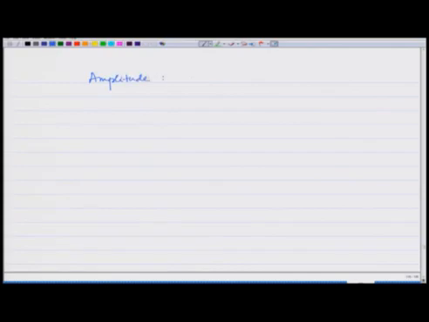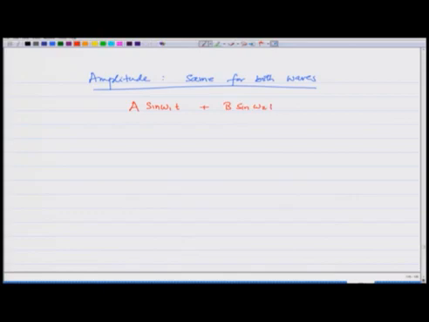Now you may ask, I took A, the amplitude, to be the same for both waves. This was to give you an idea as to what happens. If the amplitude is different, that means I have A sine omega 1 t plus B sine of omega 2 t.